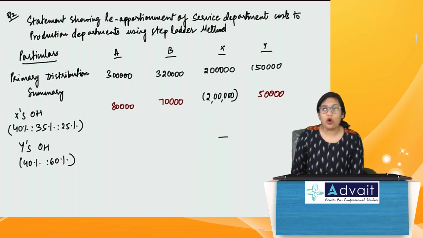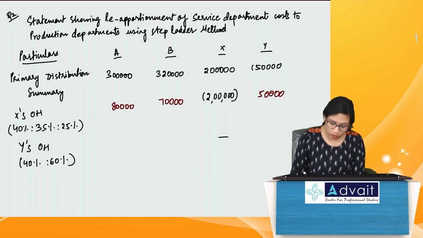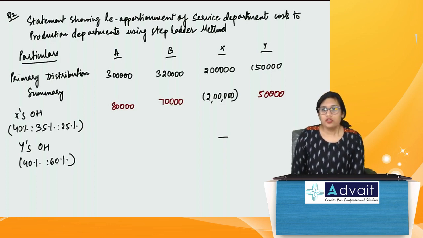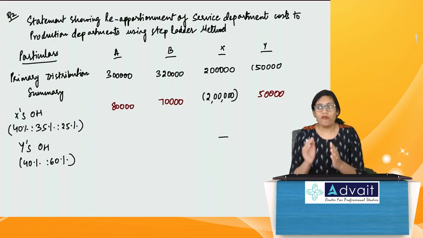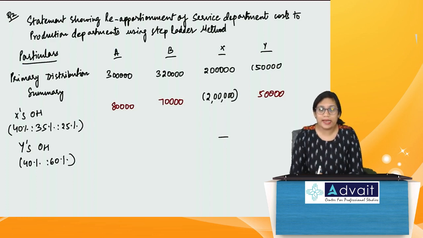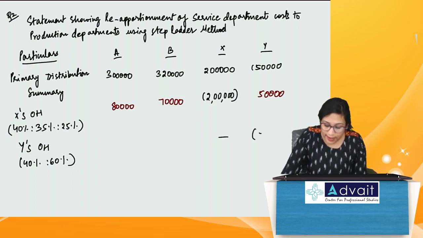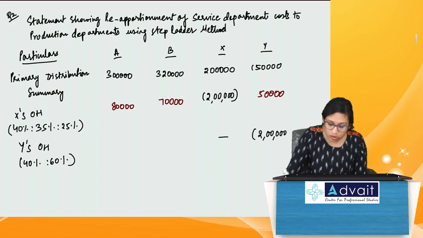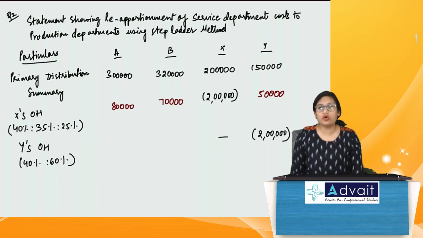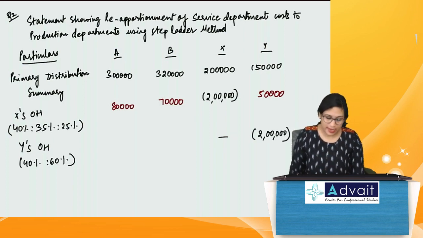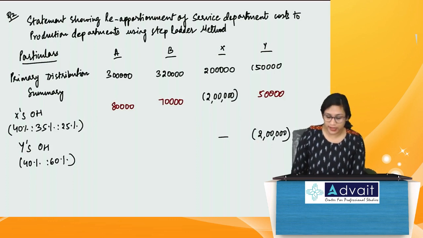Will 1,50,000 go or will 1,50,000 plus 50,000 go? So obviously Y's overhead has to be nil at the end of the day. So 1,50,000 plus 50,000, which is 2 lakh. This entire 2 lakh will be distributed to A and B in the ratio of 40%:60%.